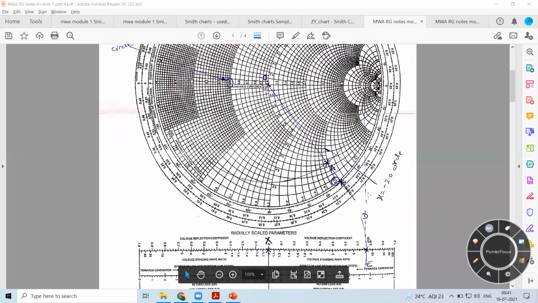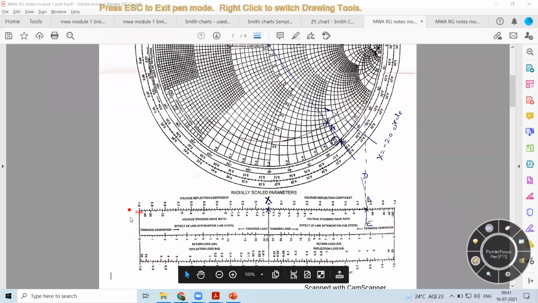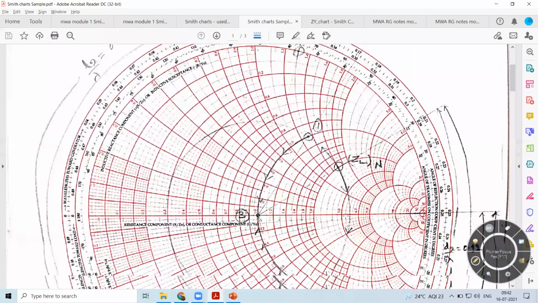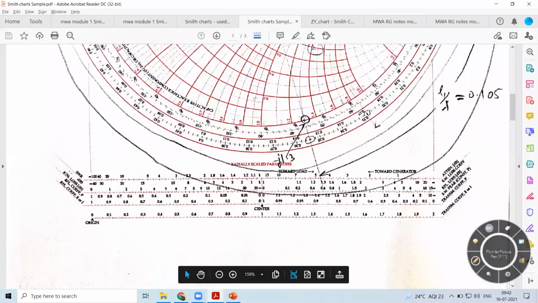Now just identify in this scale where the voltage reflection coefficient is plotted. In some cases, it is plotted at both ends. You can see over here it is mentioned as voltage standing wave ratio. But if I check some other charts, sometimes this is how it will be given.